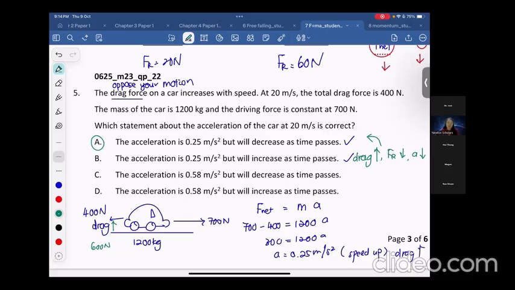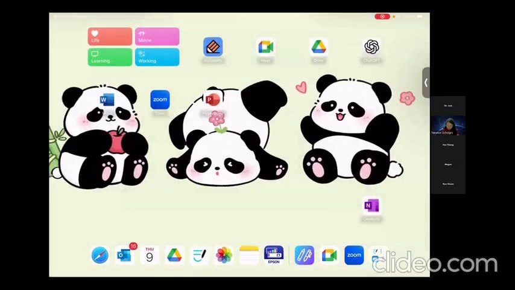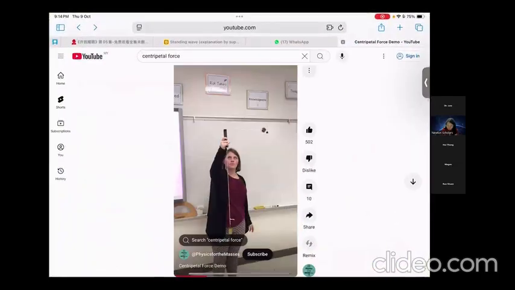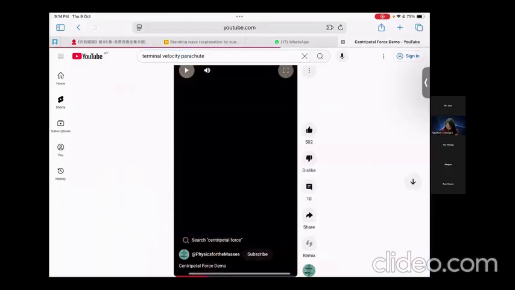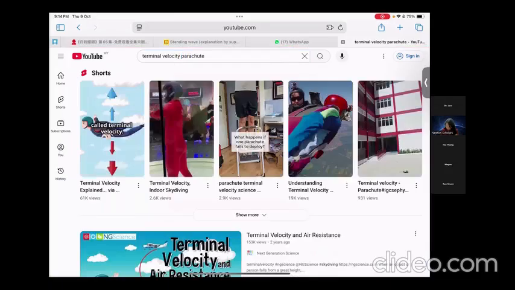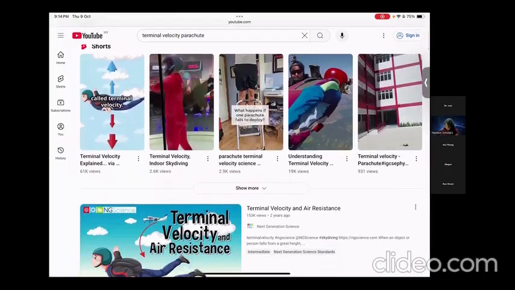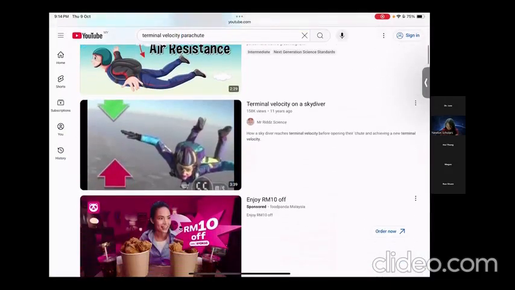Last week we learned about terminal velocity. Let me find it again. Terminal velocity. Let me have a look. This one.